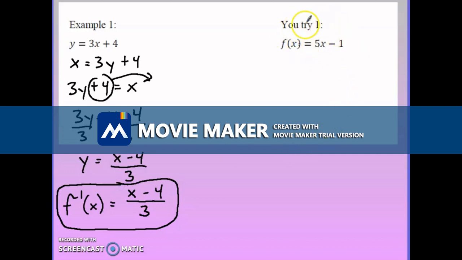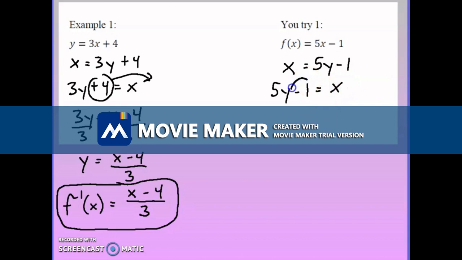So again, when you see a try, go ahead and pause this, try this one, and then restart it. So hopefully you've paused and restarted. You'd switch, remember, f of x and y are the same thing. So this would become x equals 5y minus 1, or 5y minus 1 equals x.